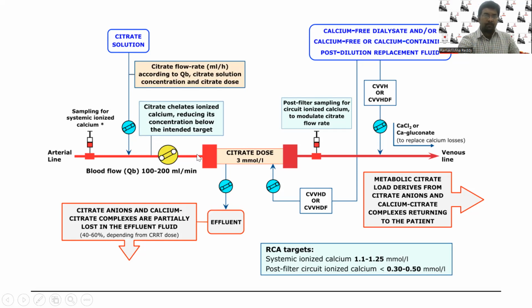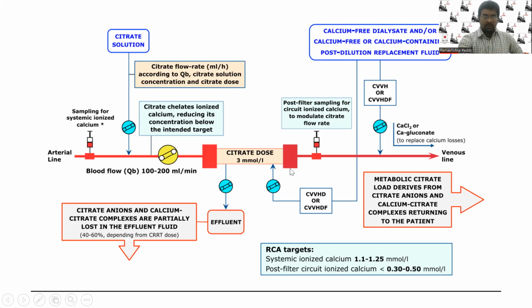The blood entering the filter is devoid of calcium, so that the clotting mechanism is affected. In order to achieve this, the citrate dose within the circuit should be 3 to 4 millimoles per liter. At the same time, the ionized calcium should be 0.25 to 0.4 millimoles per liter within the circuit to achieve anticoagulation.